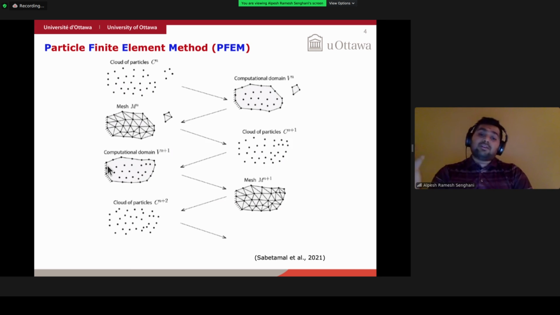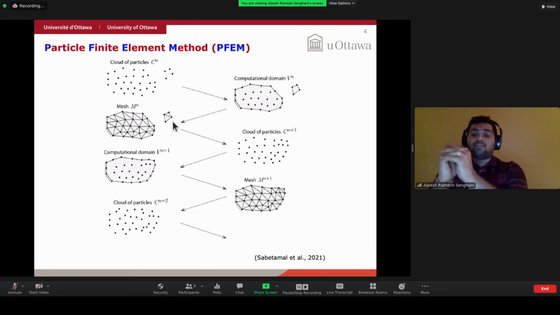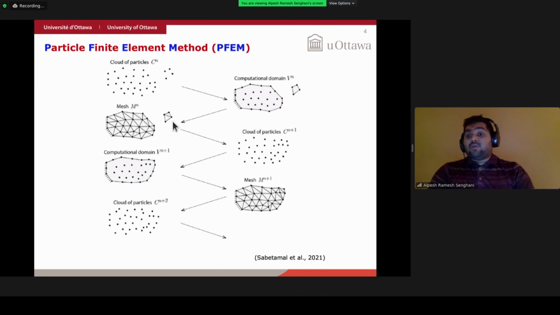Or the particles are going together, a lot of them nucleated in the domain, and you don't want that to happen. So in between, you can actually add or remove particles from the model. That is one of the aspects that the researchers wanted to work with, to get the versatility of the model.